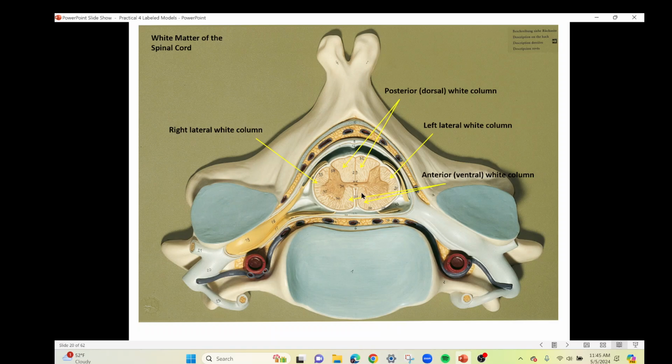In the front, anterior white column. On the sides, lateral white column. This happens to be the left side. This happens to be the right side. And again, within these columns are bundles of axons, relaying information up to the brain and then information down from the brain.